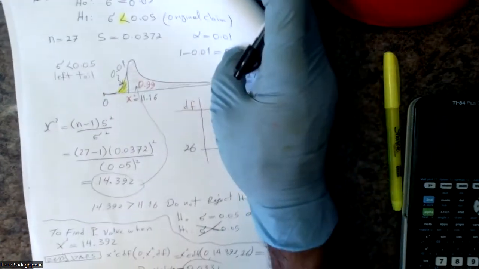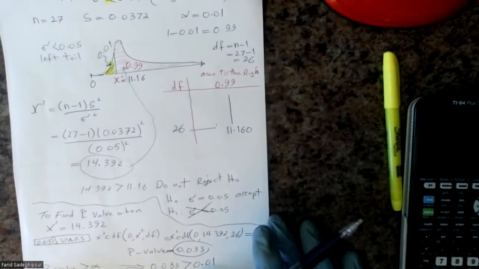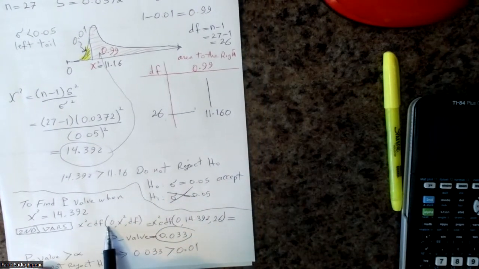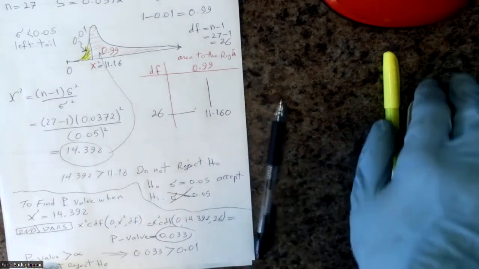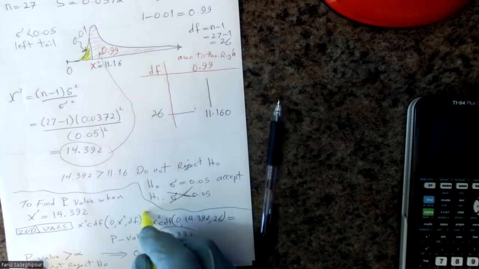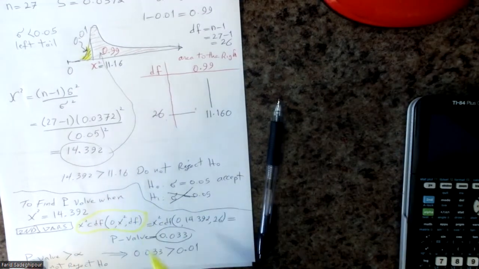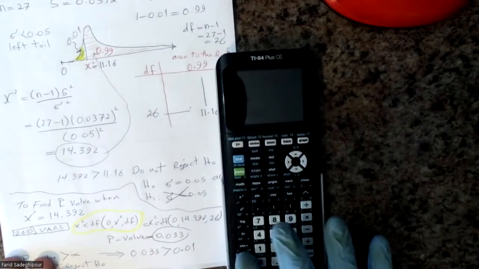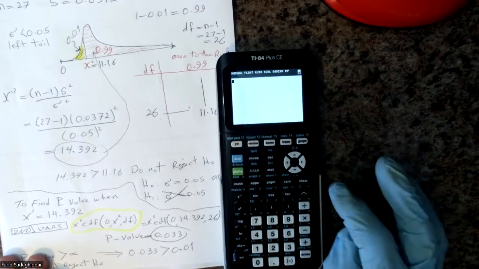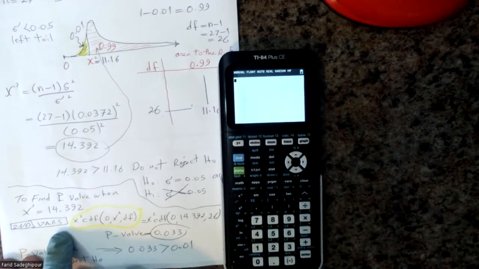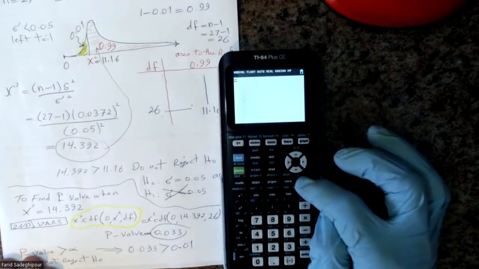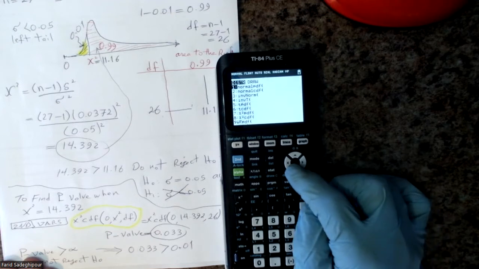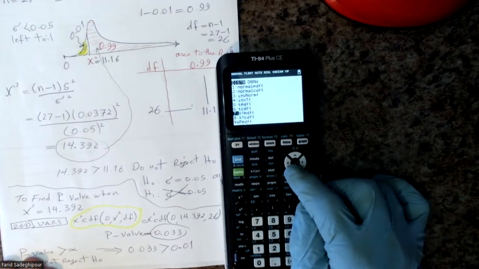Now, we could also want to find the p-value. To find the p-value, you need to go to the calculator and do this. This is a function that you use on the calculator. So you go to 2nd VARS, go all the way to X2 CDF, it's number 8.